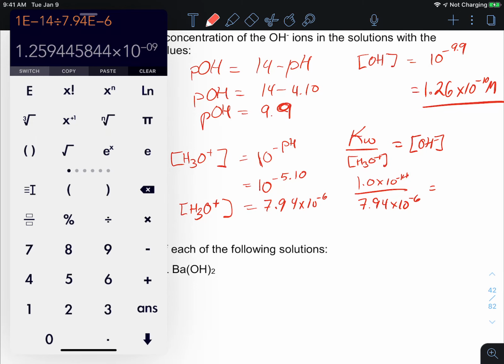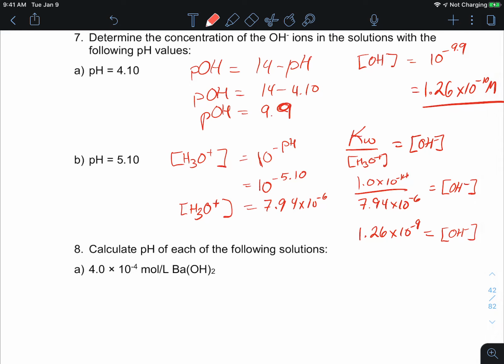Depending on the significant figures that you kept, you may or may not get the same answer. These questions in particular, when you're dealing with very small numbers, are very sensitive to your significant figures. 1.26 times 10 to the negative 9, and that's our answer. Interesting that the values almost come out the same.